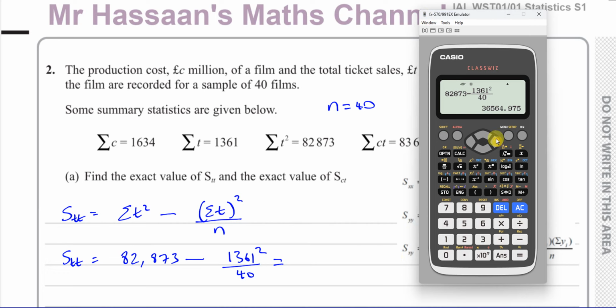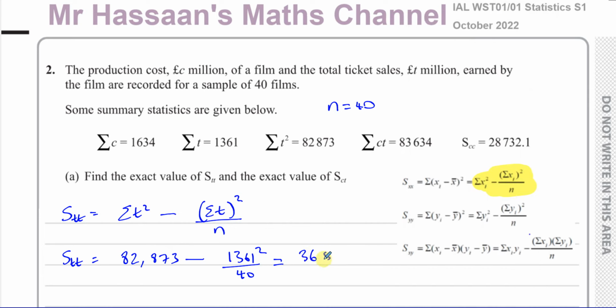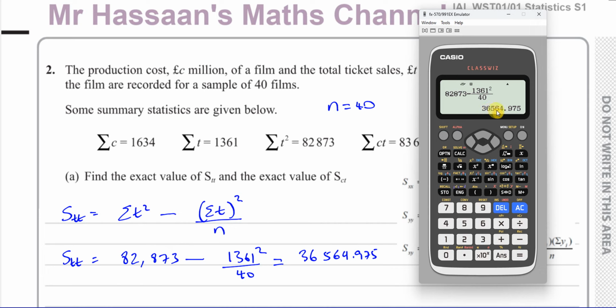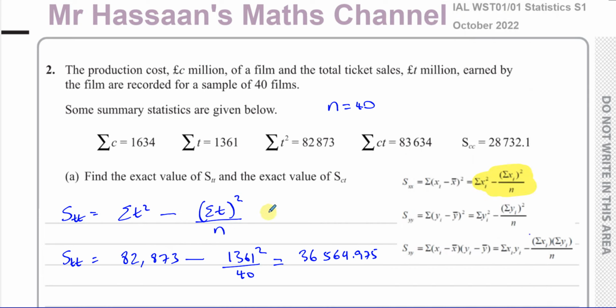It says the exact value, so we don't round it to 3SF. We write it exactly as it is here, 36,564.975. Let me double check that I've written it down correctly. Okay, that's right.